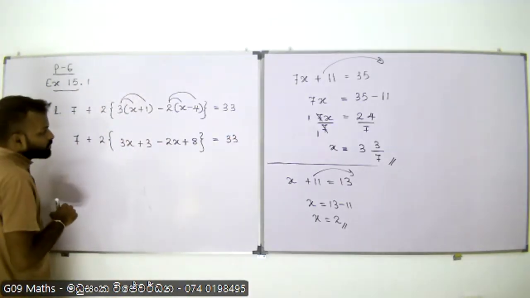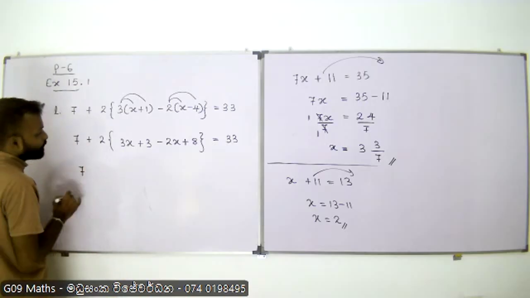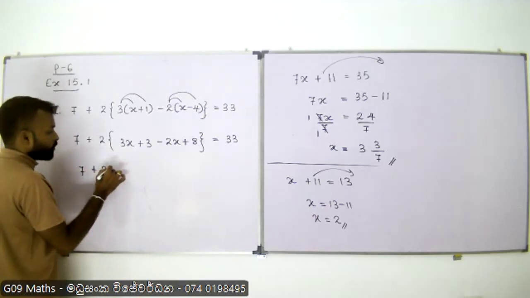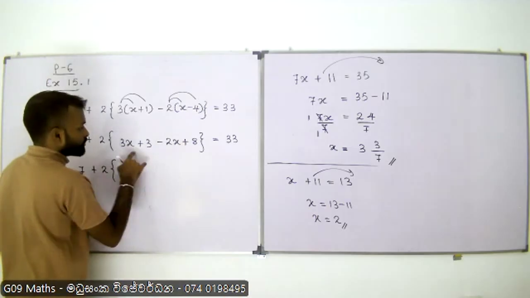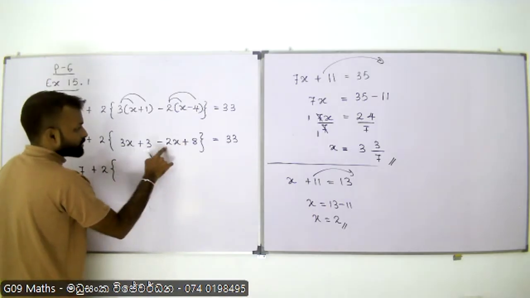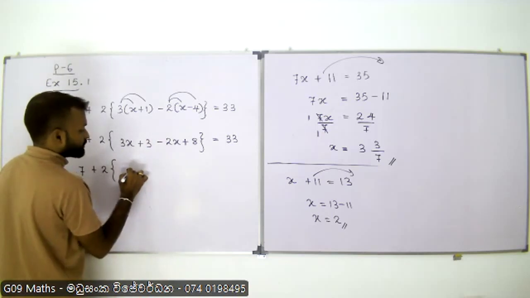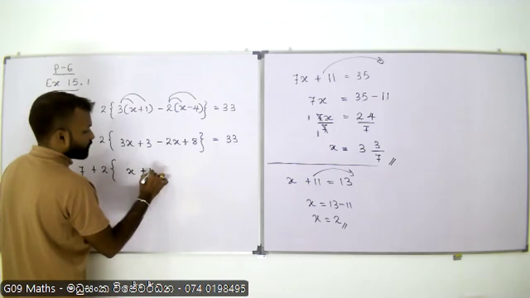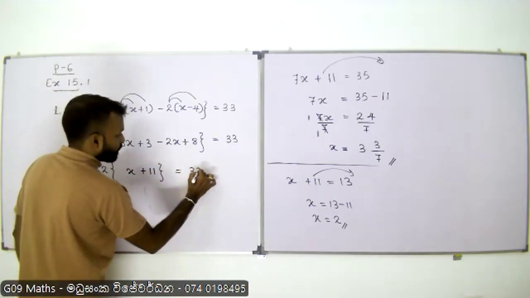So now 7 is here. Before removing the curly bracket, here you have like terms. 3 apples, negative 2 apples, and so on. 3x minus 2x is x. Plus 3 plus 8, 11, is equal to 30.